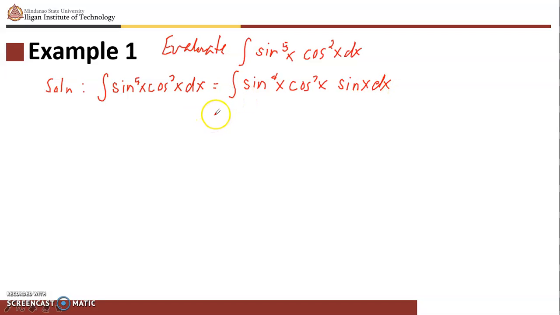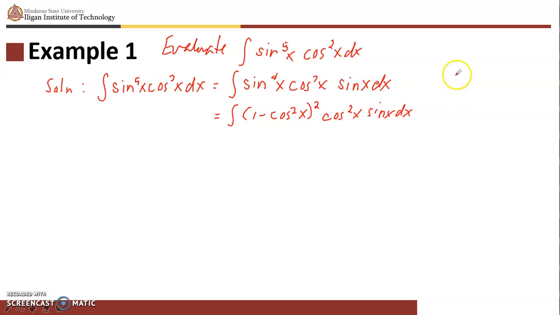And then we rewrite sine to the fourth x as 1 minus cosine squared x, squared, times cosine squared x sine x dx.